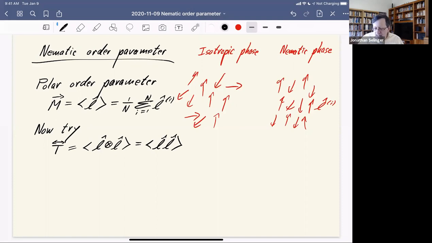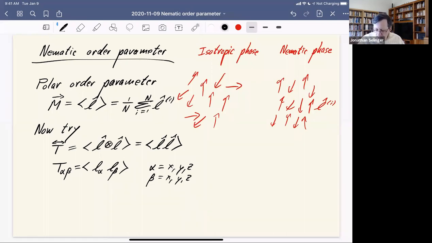So this is writing it in an abstract tensor notation. We could also write it in component notation as T component alpha beta is the average of L alpha L beta, like that, where alpha is X, Y, or Z, and beta is X, Y, or Z.